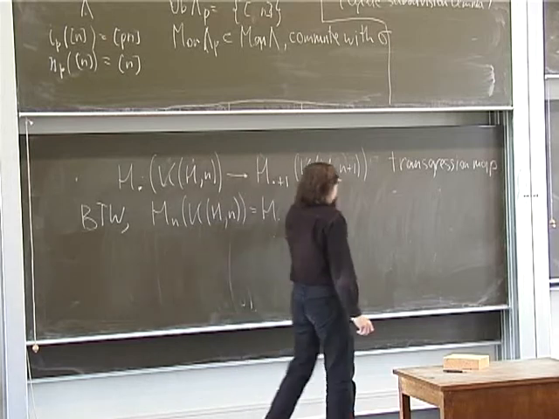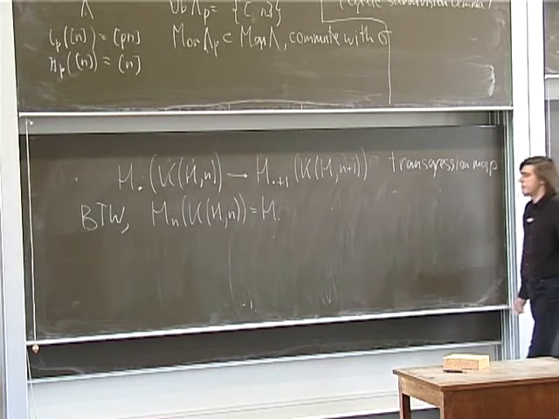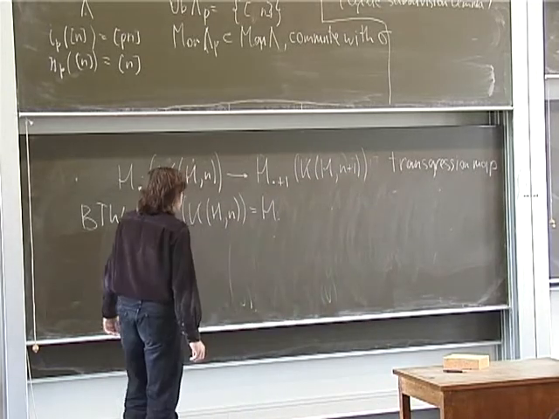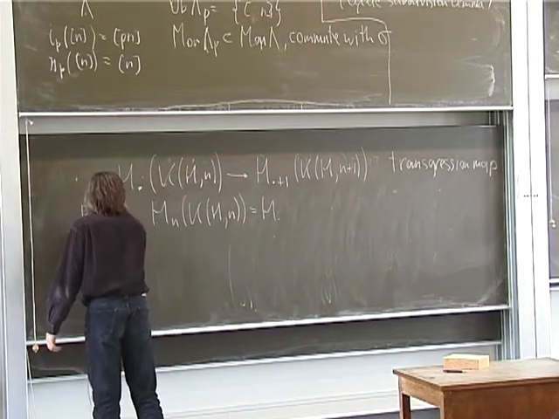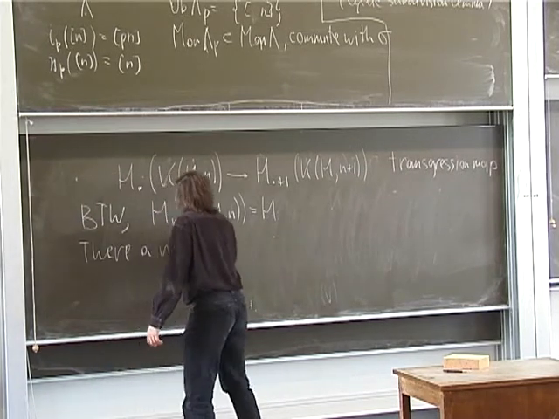Okay. Now, what I want to say is that there is a very nice combinatorial construction of the Eilenberg-MacLane spaces, invented by Dold and Puppe, I think.